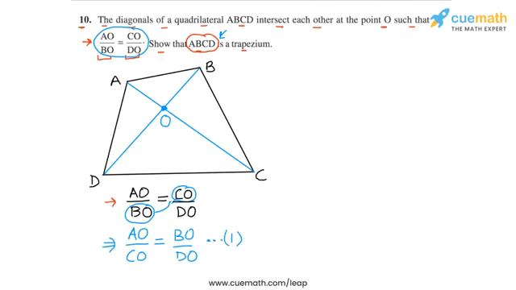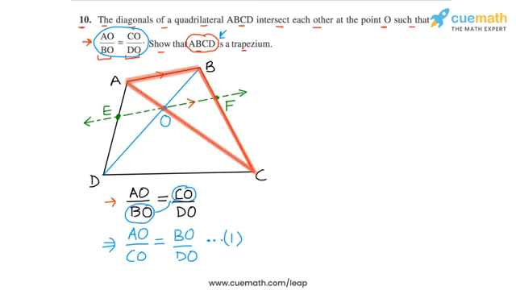Now we will draw a parallel line through the point of intersection O. We will draw this line which is parallel to AB, and you can see that it intersects AD at E and BC at F. Now we will consider the triangle ABC.